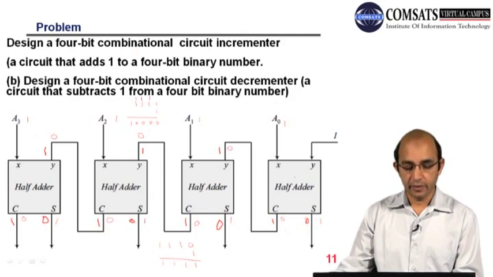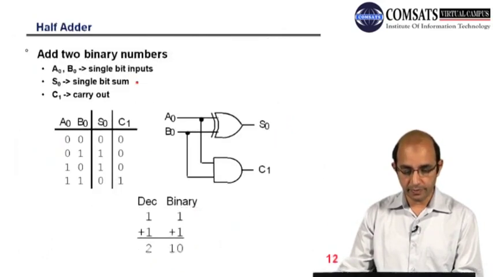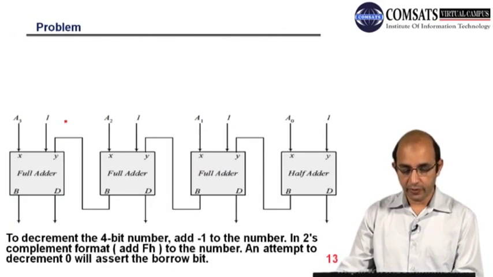So now we have to design, this is the B part of the same problem, a combinational circuit that is decrementing, right? So it means it has to subtract a 1 from a 4-bit binary number. So here what we have done, we have a half adder at the input, and here we have the full adder.